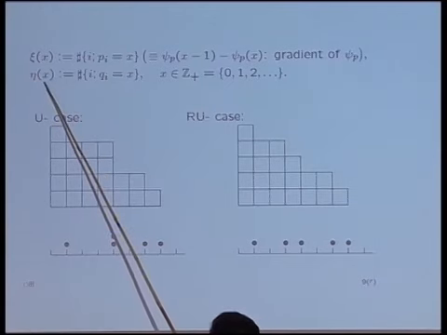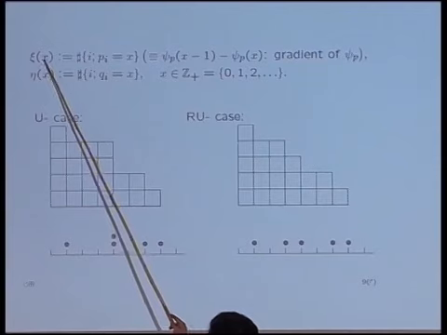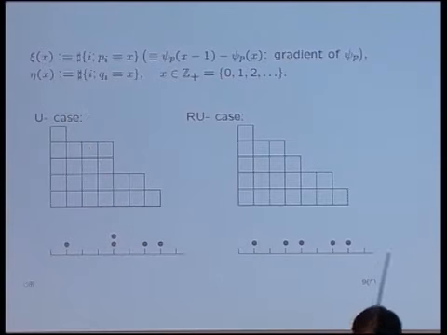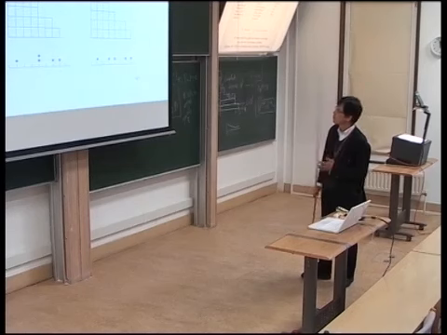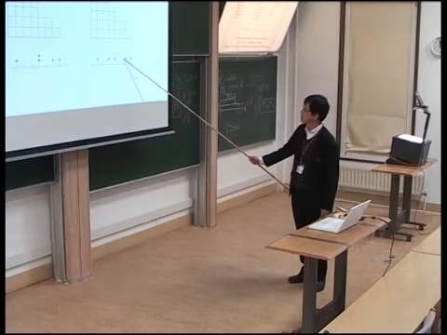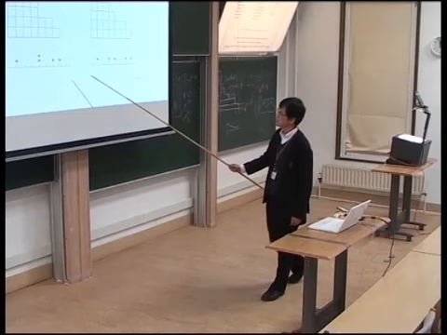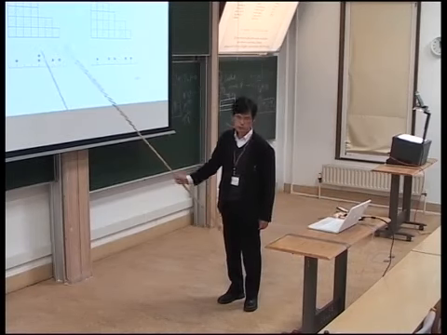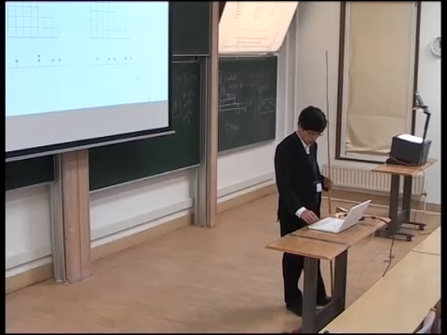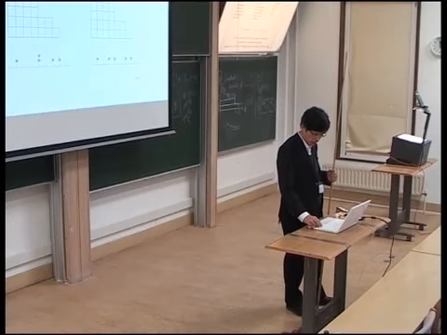Then eta x is always 0 or 1, while xi x is a non-negative integer. So in the restricted uniform case, at most one particle can sit at a site. In the uniform case, two or more particles can sit at one site at the same time.